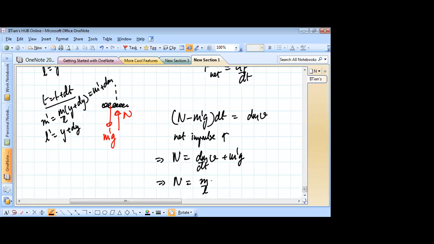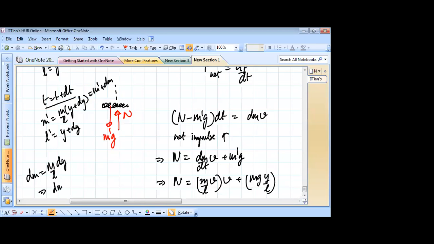So it is equal to m by L into v plus mg y by L. Why? Because dm is equal to m by L dy.